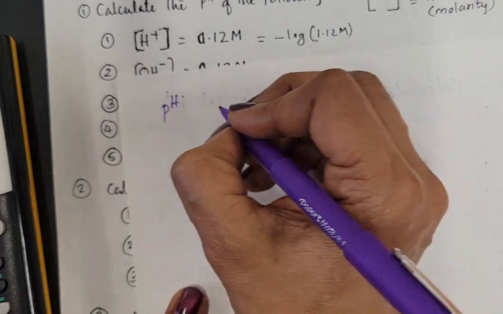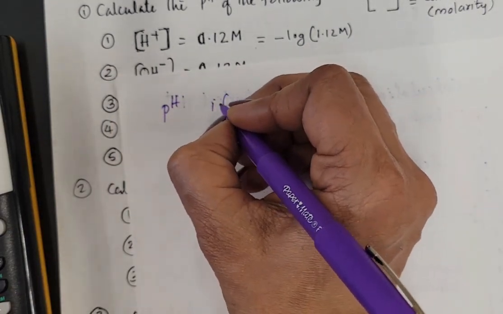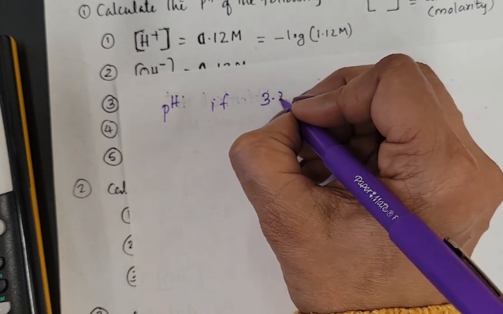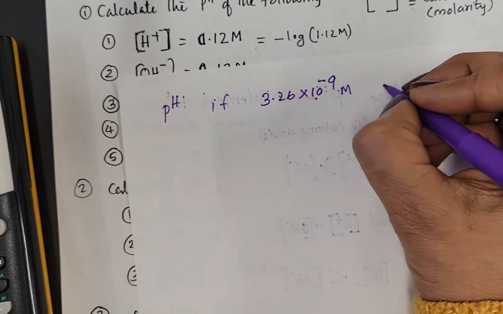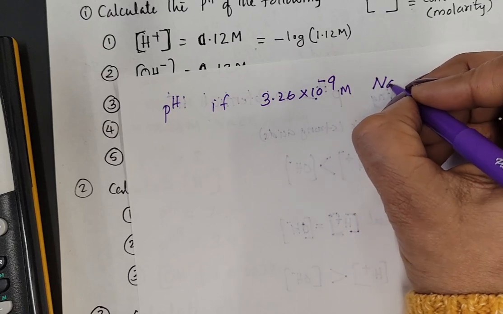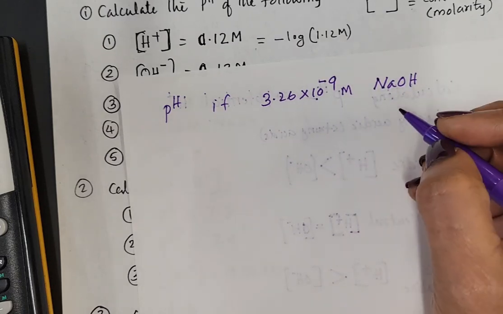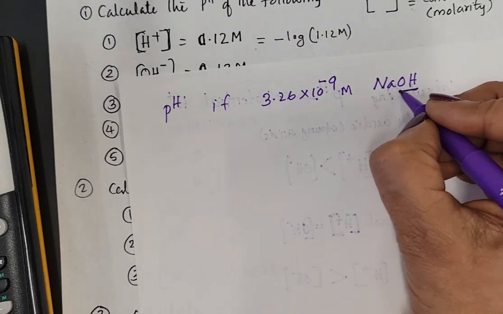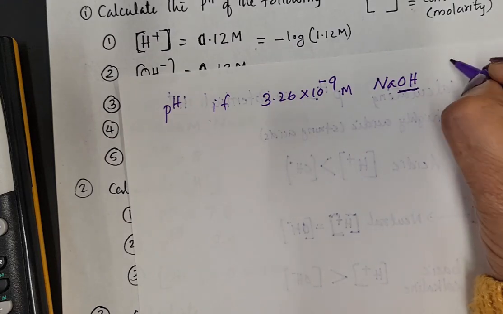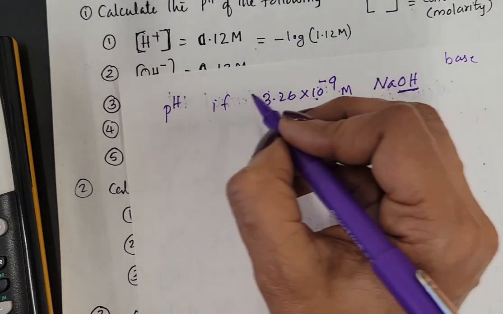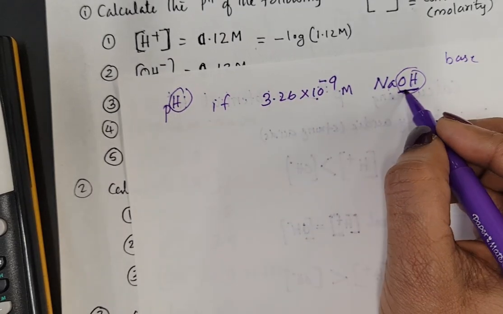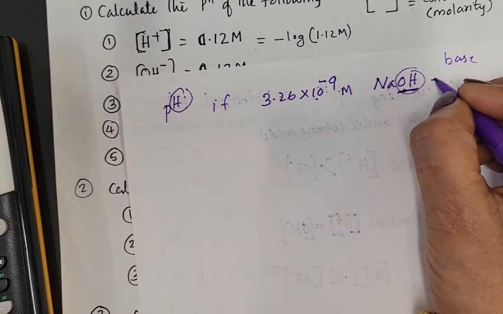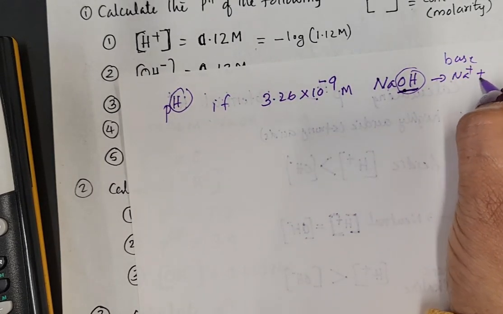Calculate pH if there is 3.26 times 10 to the power of negative 9 molar sodium hydroxide given. So we know that as per Arrhenius, anything that ends with OH is a base. Oh, we are going to find H. This is OH, that is not matching. Okay, this is Na plus and OH minus.